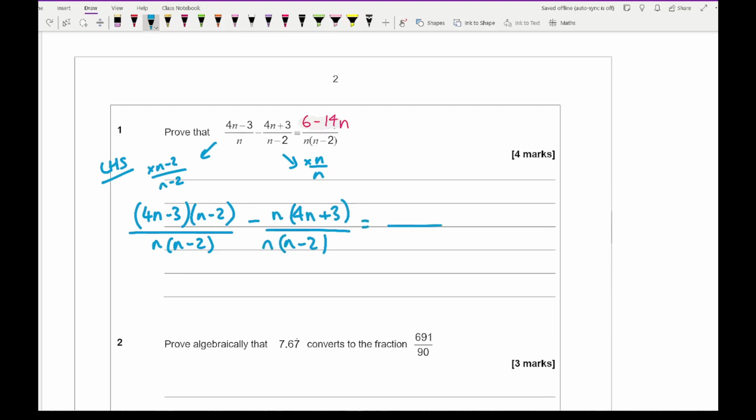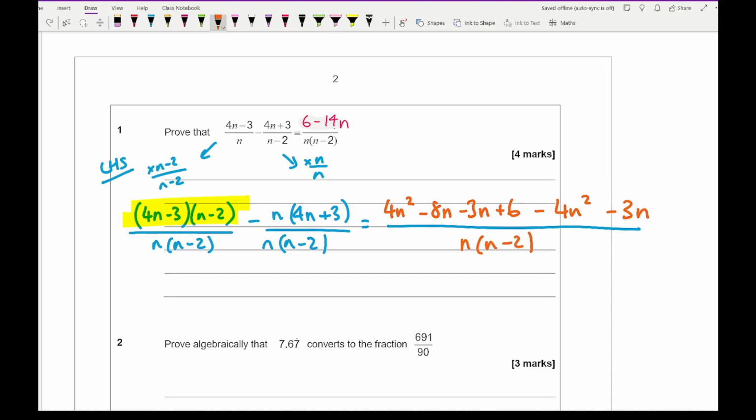For this, just be careful of the negative. Expanding these two brackets, I end up with 4n squared minus 8n minus 3n plus 6 minus 4n squared, and minus 3n because I'm multiplying by minus n, all over n minus 2. I'm not going to expand the denominator because, as you can see in the answer on the right hand side, it's been factorised.